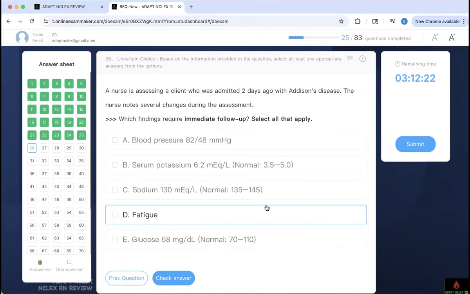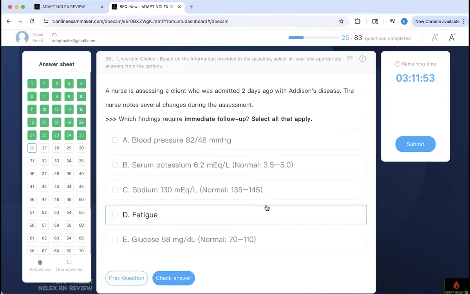It's a strategy you can use to answer, which finding requires immediate intervention. 2 days with Addison, blood pressure of 82/48, serum potassium of 6.2, sodium of 130, patient has fatigue, and a glucose of 58. Which finding requires immediate intervention? Admitted with what? Addison disease. Pick your answer. Let me know which condition should bother you.